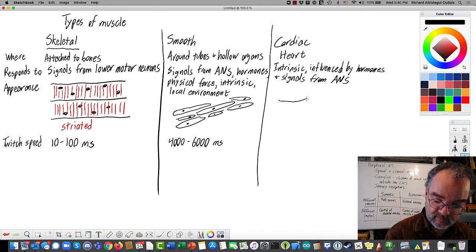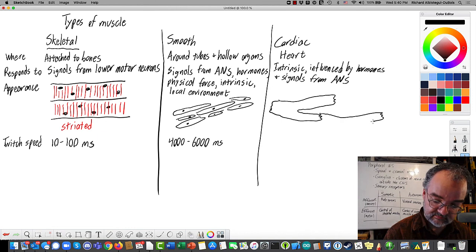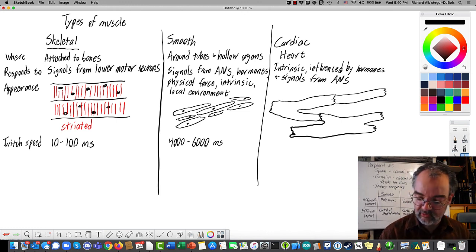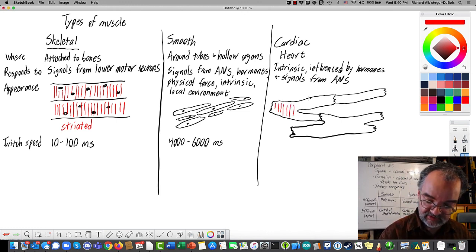It takes the form of fairly long, branched, and interconnected cells. And those cells are striated, much like skeletal muscle.